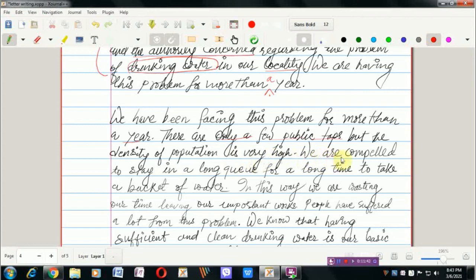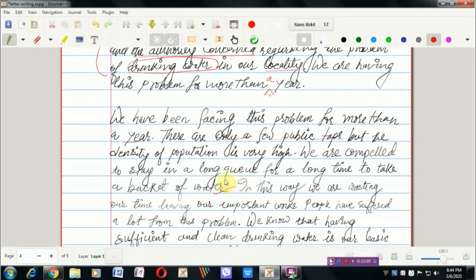Because of the poor supply of public taps and the high population, we are compelled to stay in a long queue for a long time to take a bucket of water. It is very difficult to get even a bucket of water.